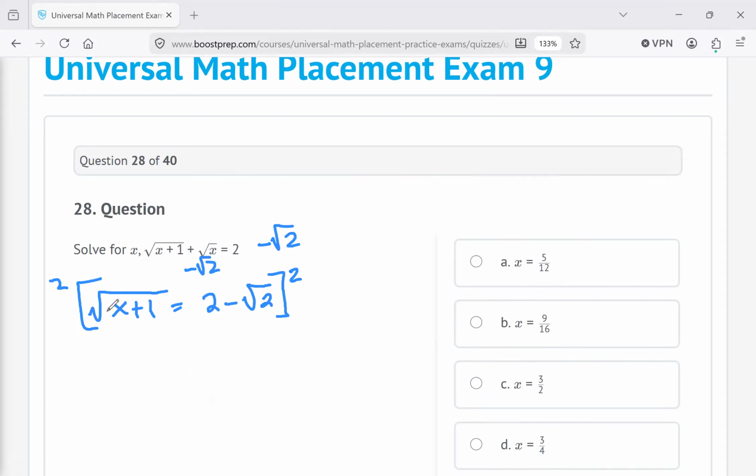So on the left, when you square the radical, it just disappears. And then on the right, if you FOIL this out, you're going to get 4 minus 4 radical x. Oh, this is an x. That's why it's a bit off. There we go. And then this is going to be plus x.